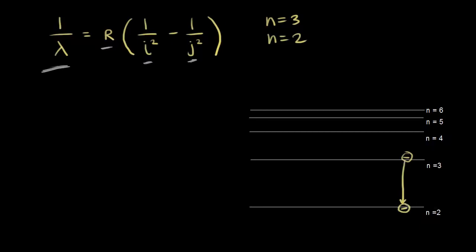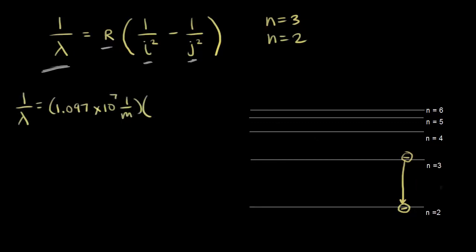Let's calculate the wavelength of light that's emitted when the electron falls from the 3rd energy level to the 2nd. So we have 1 over lambda is equal to the Rydberg constant, as we saw in the previous video, 1.097 times 10 to the 7th. The units would be 1 over meter.